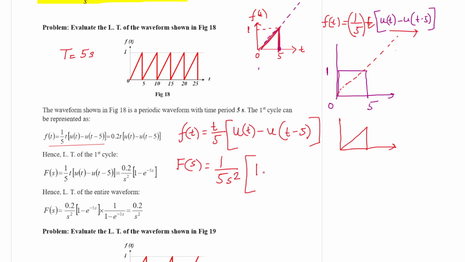It will be 1 by s, and since it is shifted by 5, it will be multiplied by e to the power minus 5s. So the Laplace transform of this function is 0.2 by s square into 1 minus e to the power minus 5s. Okay, let me repeat.